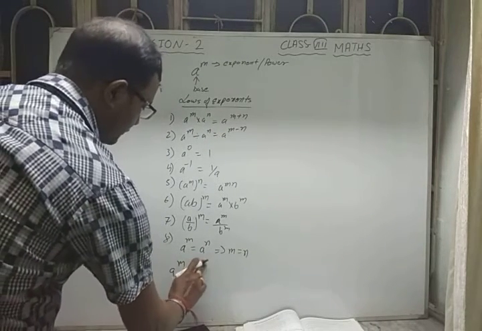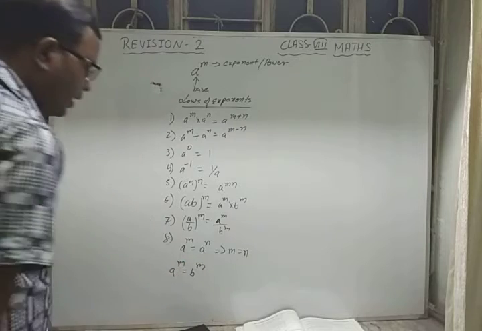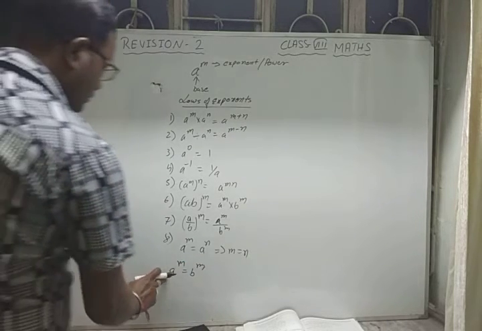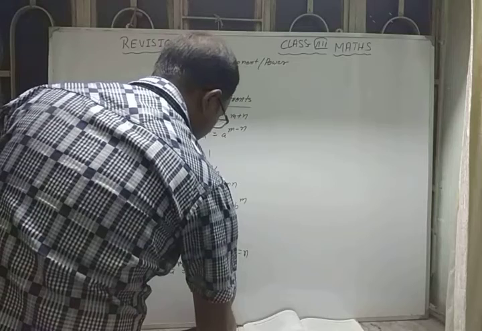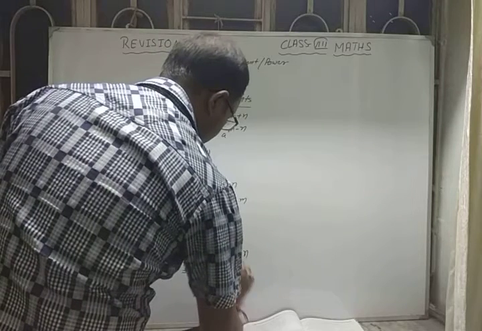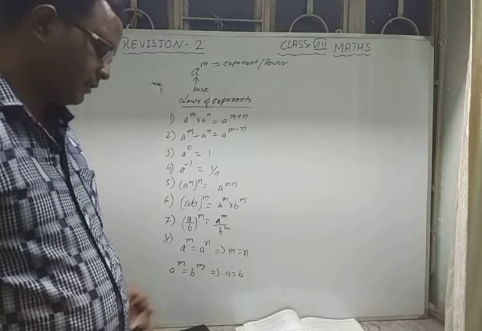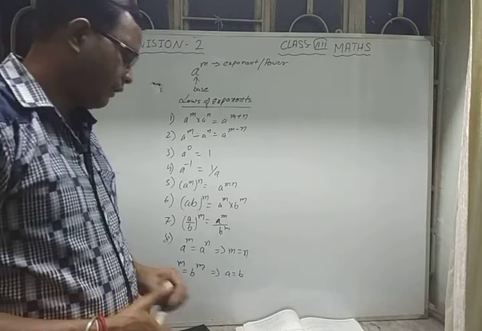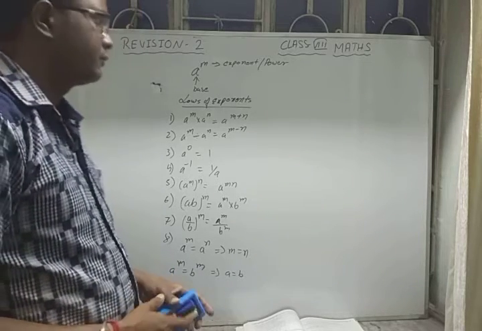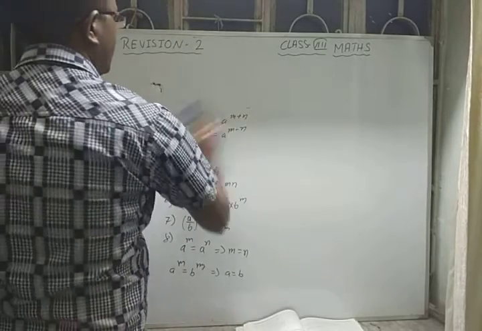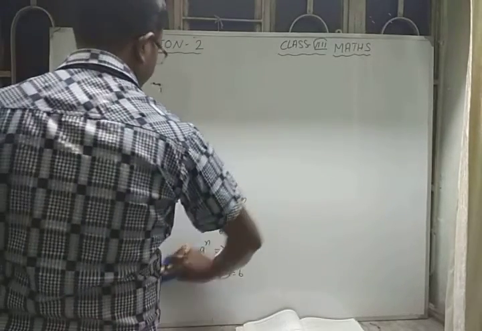When powers are the same, the bases are also the same, so this implies a is equal to b. So these are the laws of exponent that you should remember while solving the sums. Now I will show you a few important questions of this chapter that you should follow for your exam.